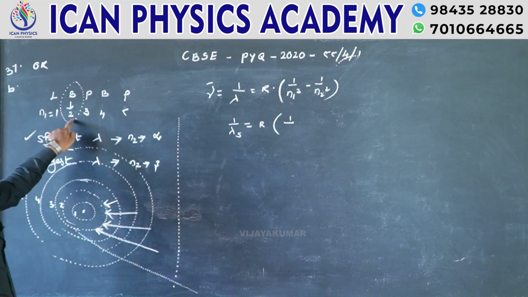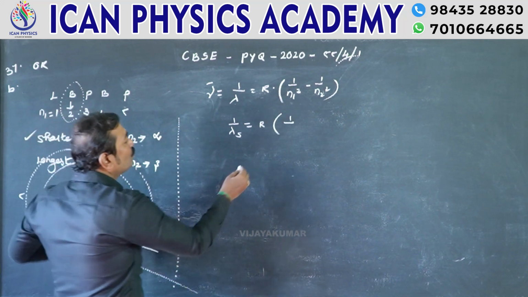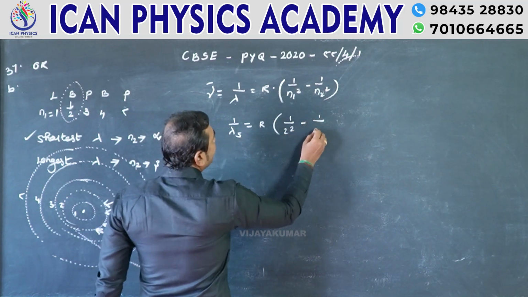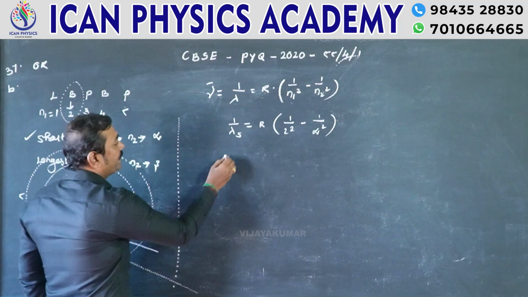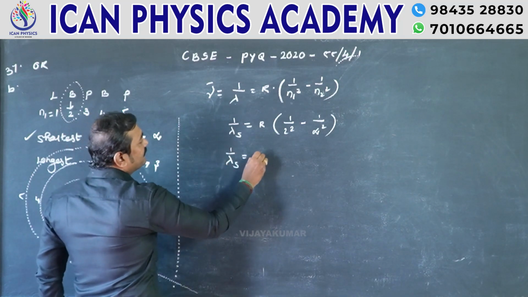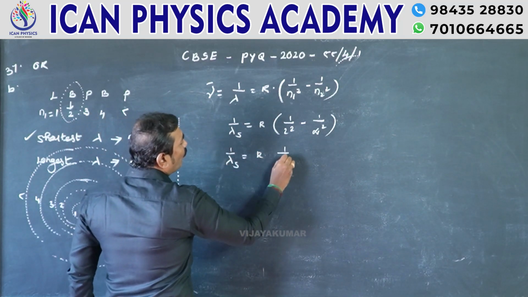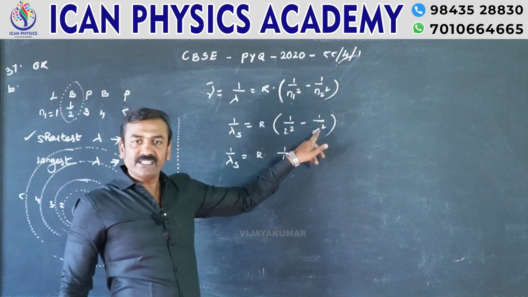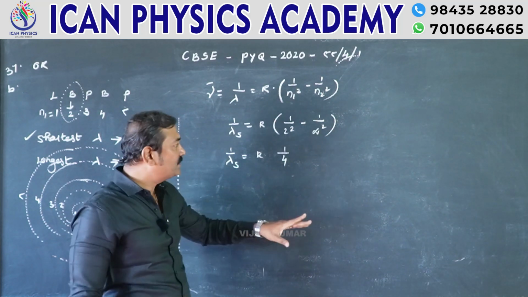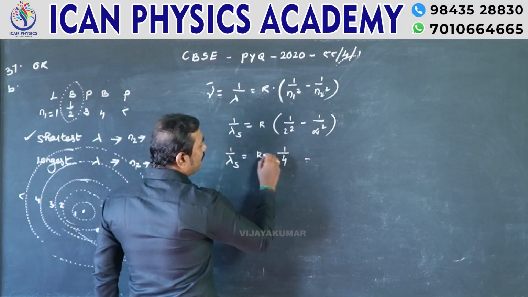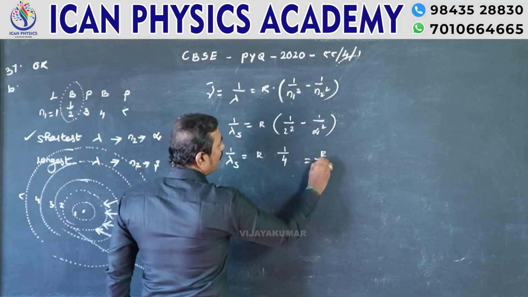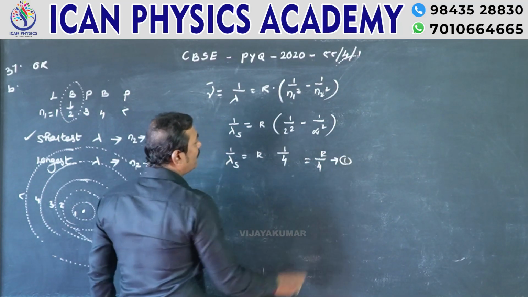For Balmer, n1 is 2, so 2 square, minus 1 by n2 is infinity square. So 1 by lambda S equal to R into 1 by 4, minus 1 by infinity square. Anything by infinity is 0, so we can leave it. So 1 by lambda S equals R by 4. Let this be equation number 1.